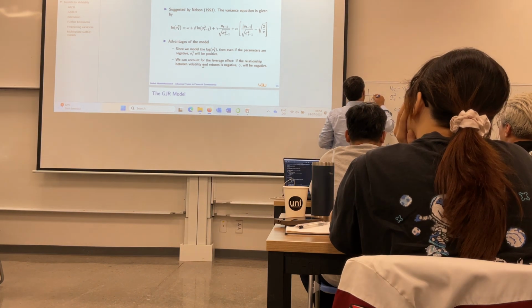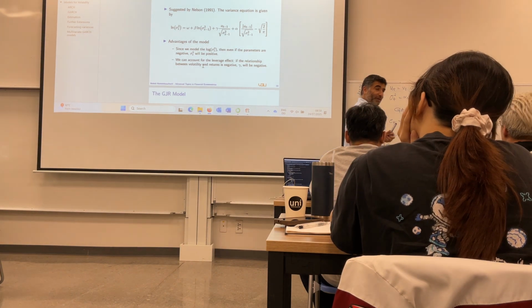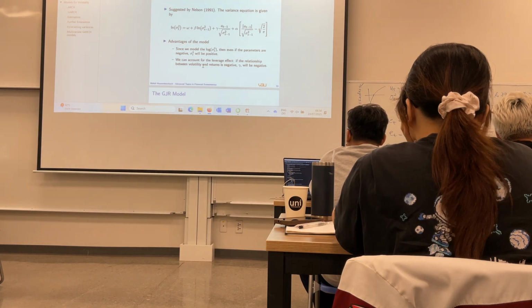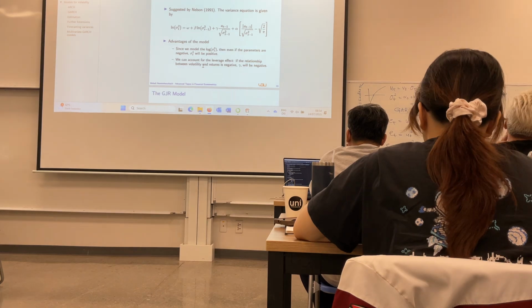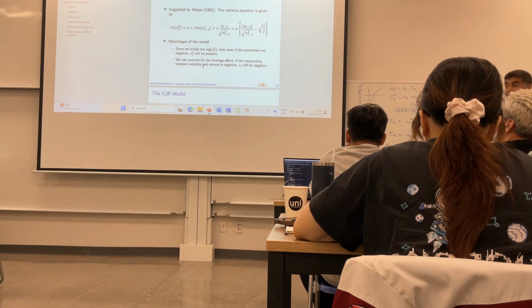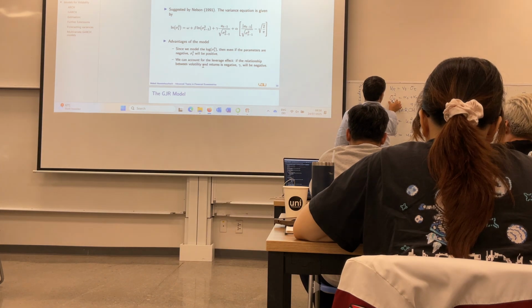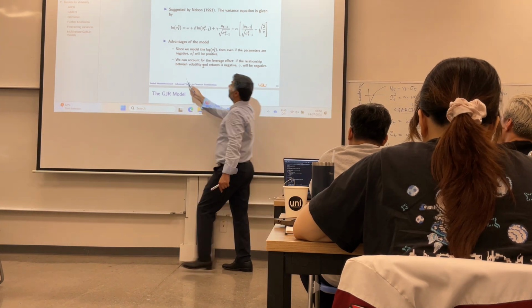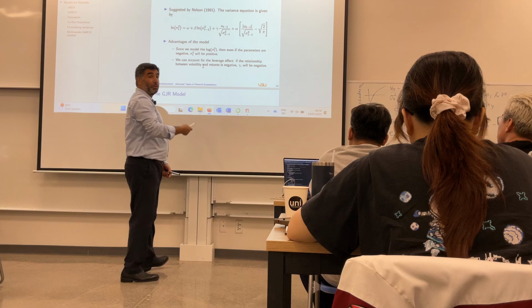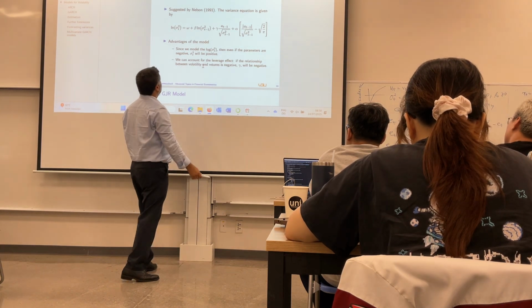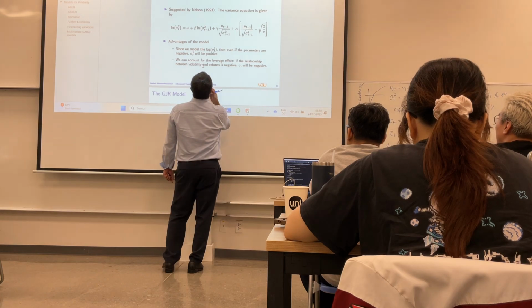If the argument is 1, then you have 0. If the argument is smaller than 1, then you have a negative value. So the left-hand side must be positive, but if I have an ln of it, then I don't care. It could be negative or positive. It doesn't matter. So that became the Nelson model.